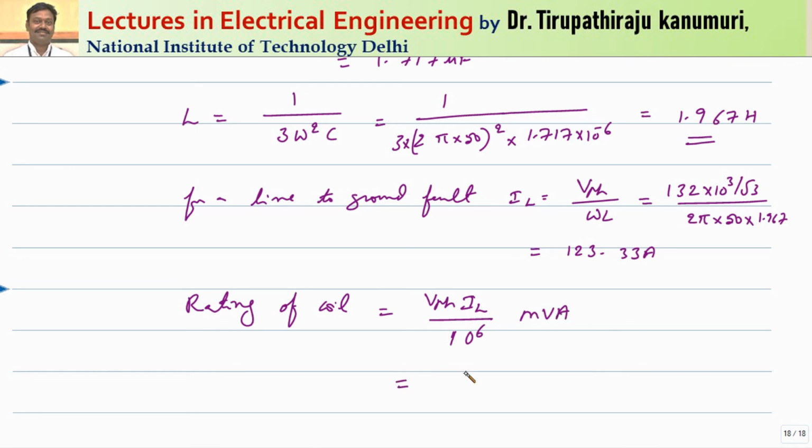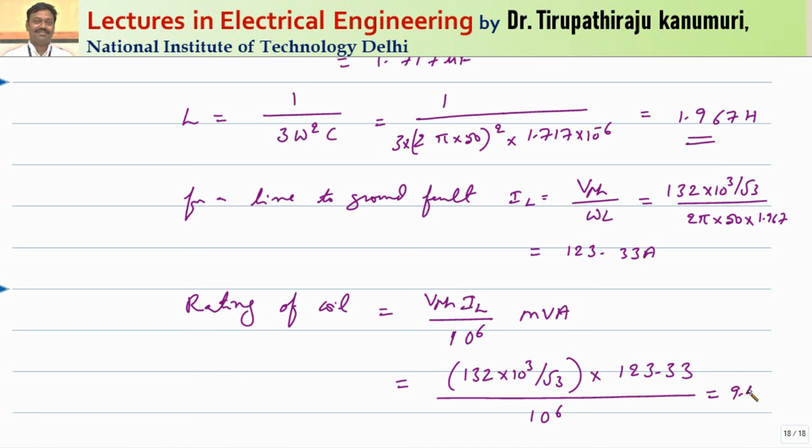V phase value is 132 into 10 to the power of 3 divided by root 3, that is the phase value of voltage, multiplied by the fault current 123.33, divided by 10 to the power of 6 so that my answer comes in MVA. If you calculate this, you will get 9.4 MVA. This is my rating of the arc suppression coil.